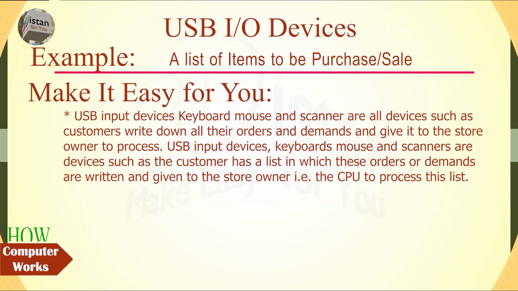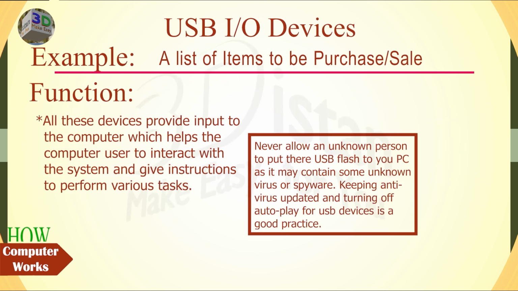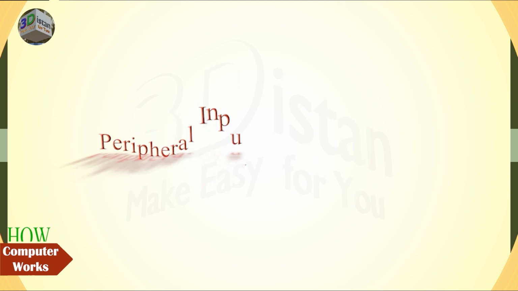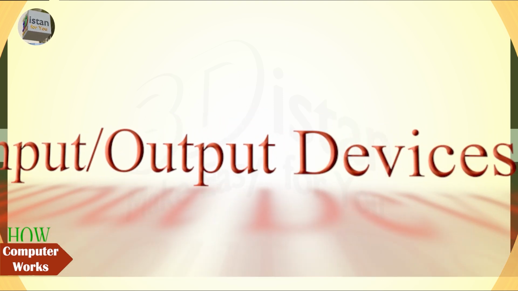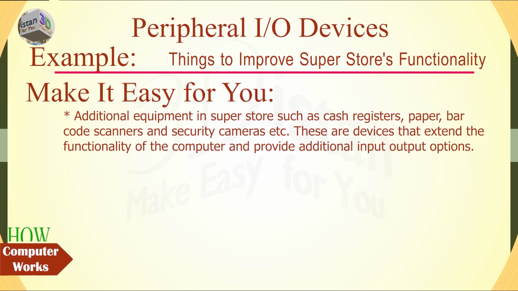These devices provide input to the computer, allowing users to interact with the system and perform various tasks. Peripheral devices. Example: additional equipment in the store like cash registers, barcode scanners, and security cameras.